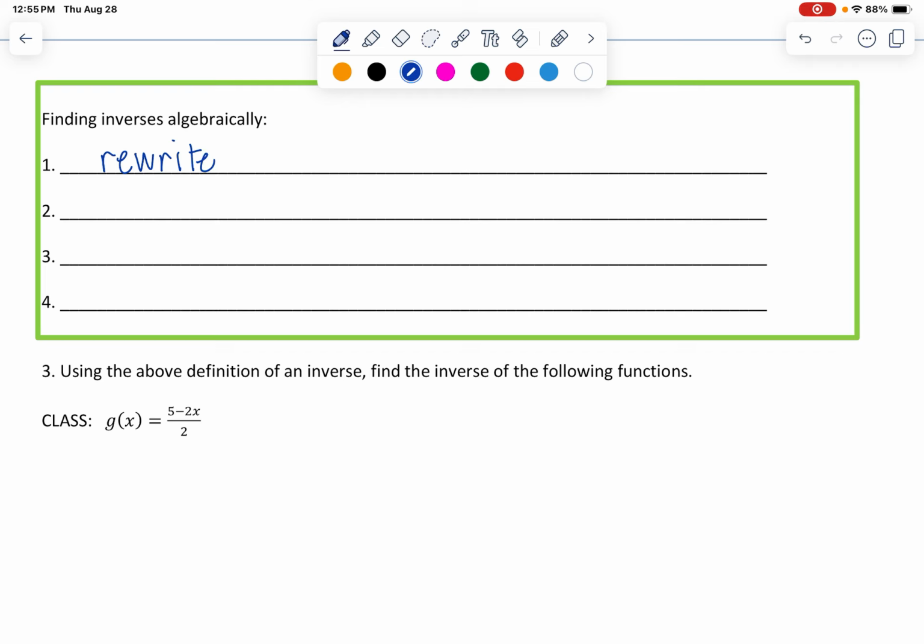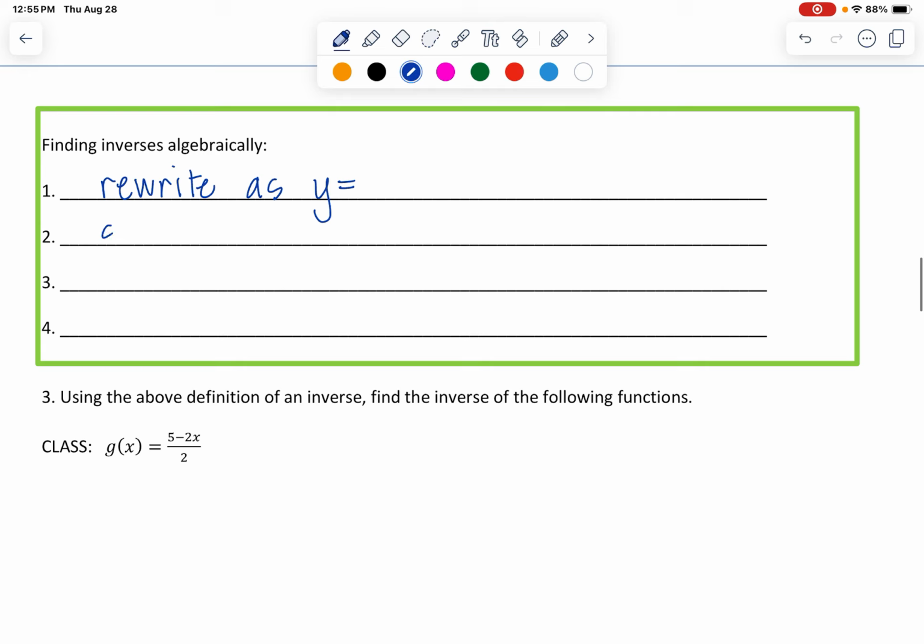So rewrite as y equals instead of g of x equals. Okay, so the second step is exactly what we were doing above, which is that you switch x and y. After you switch x and y, you're going to solve the equation for the new y.